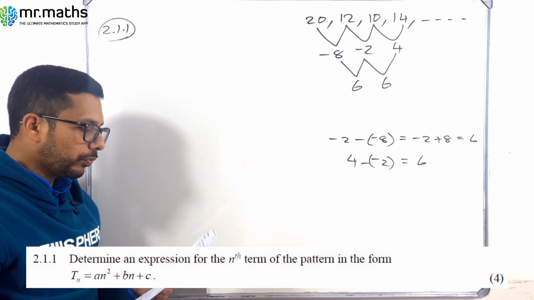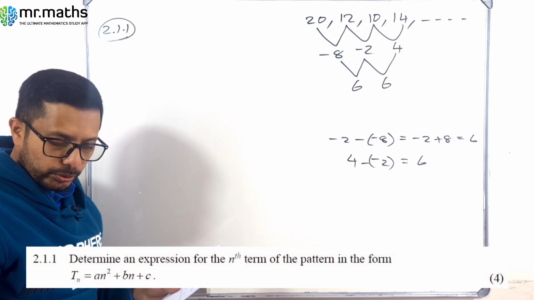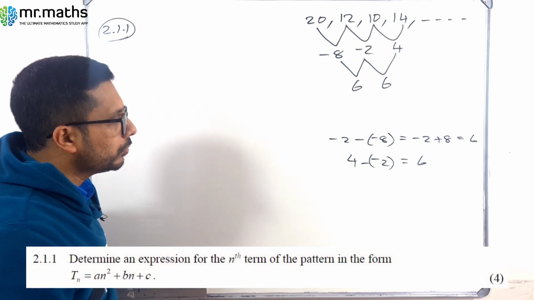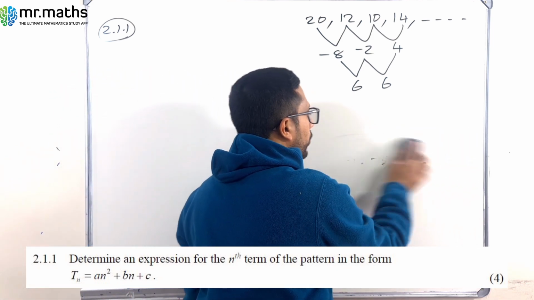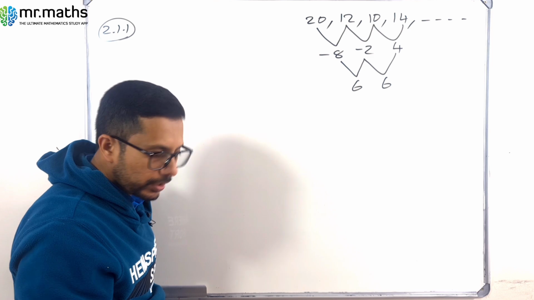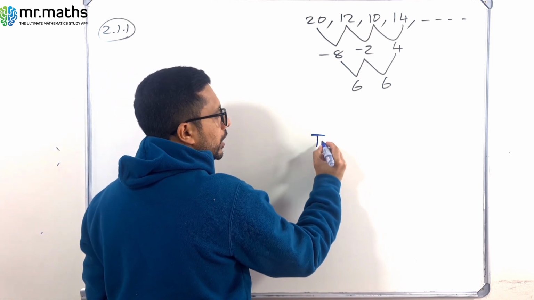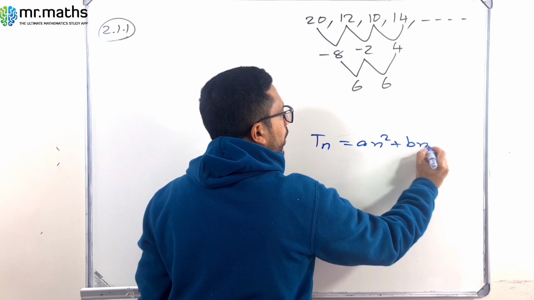Determine an expression for the nth term of the pattern in the form Tn is equal to an square plus. So you have to find an expression for the nth term. Don't forget that this is a quadratic sequence. In a quadratic sequence, what is the general formula? Tn equals an square plus bn plus c.